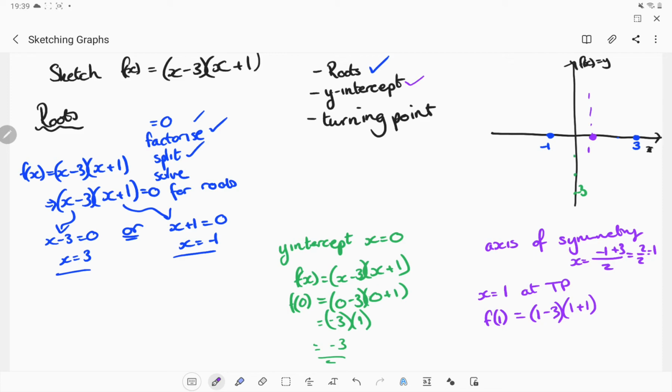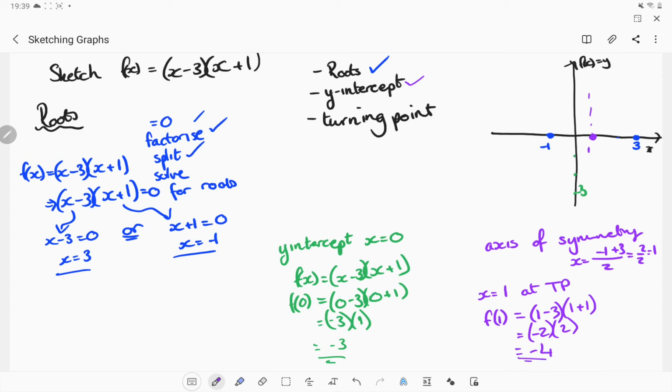All I've done is taken that original expression and substituted in 1 instead of x. And we work it through. 1 take away 3 is minus 2. 1 plus 1, that's positive 2. We remember that brackets means multiply. And we've got -2 times 2 gives you -4.